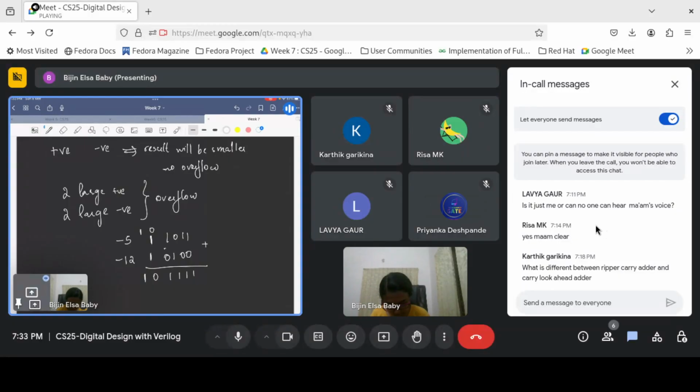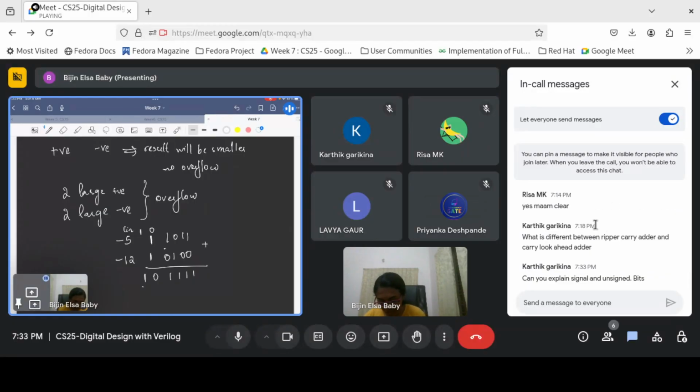See, so this is the overflow. But in an unsigned number.